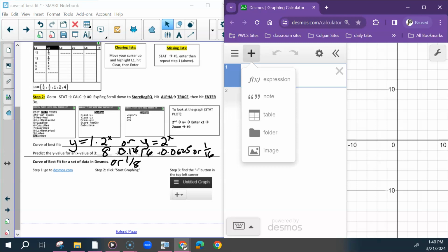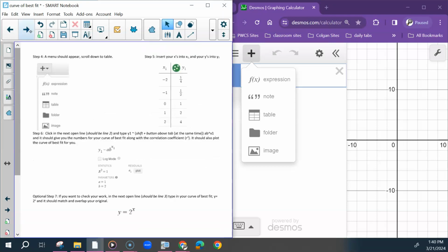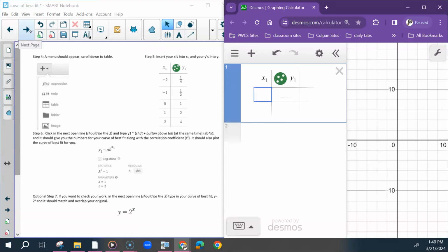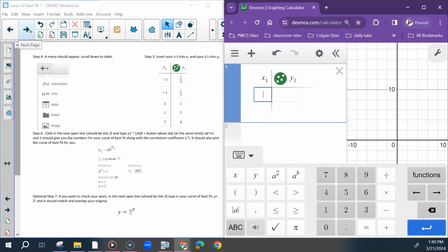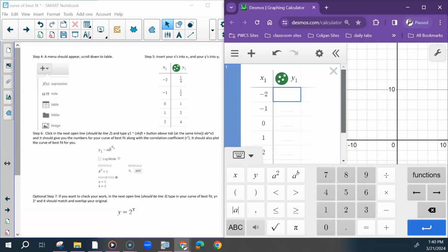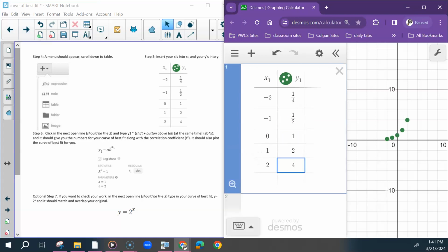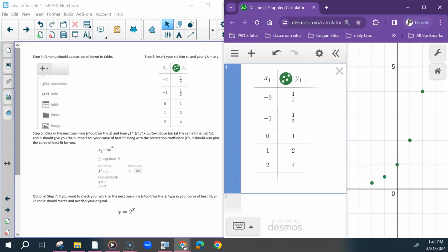So in Desmos, if I hit the table, and then put in a table, put in my x and y values, -2, -1. Remember that if you start to make a pattern, it'll recognize the pattern, you can hit enter. And then I can type in 1/4. You can also put in 0.25, it doesn't matter. 1/2, 1, 2, and 4. And then I'm going to hit the plus so that I can see my points.